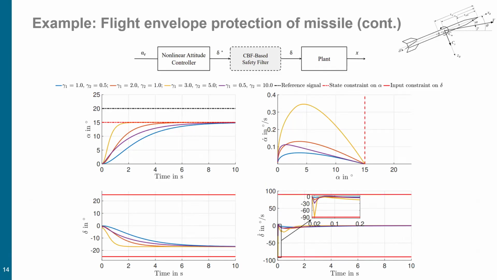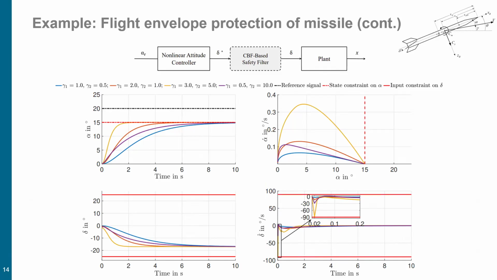Say, if you go for, let's say, a more conservative setting, you see the intervention to get to the limit is more conservative, right? Here the red line is the limit, and this is what has been commanded to the system.